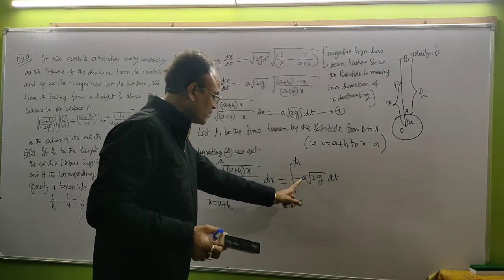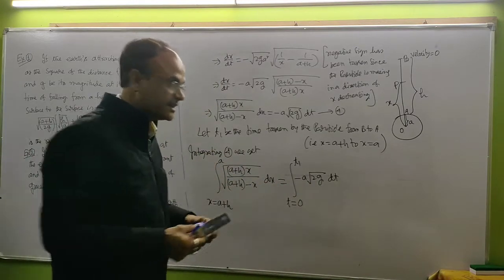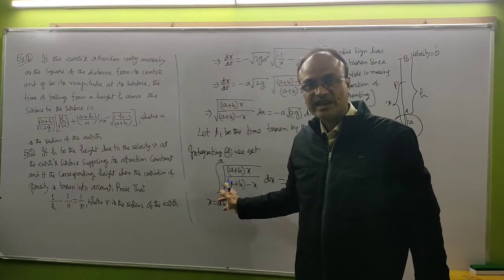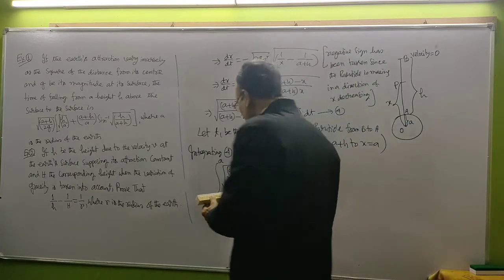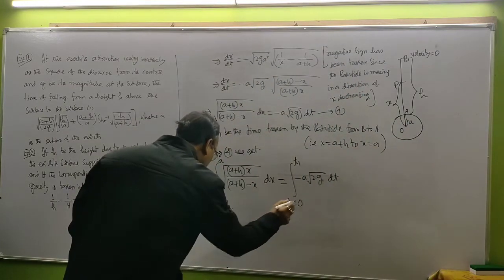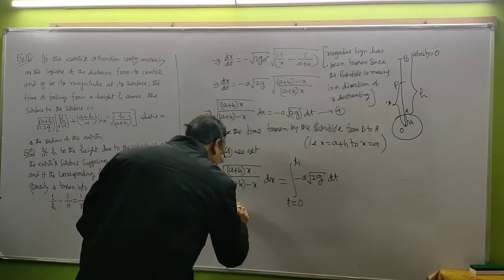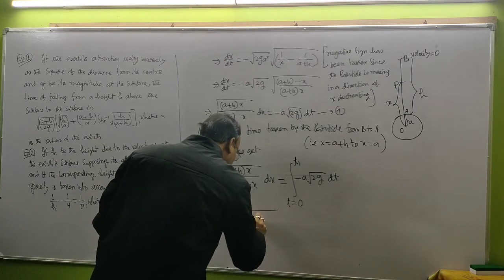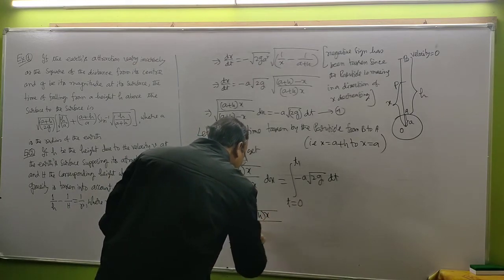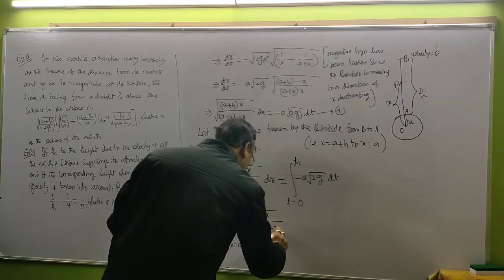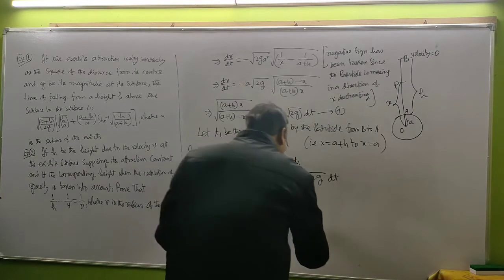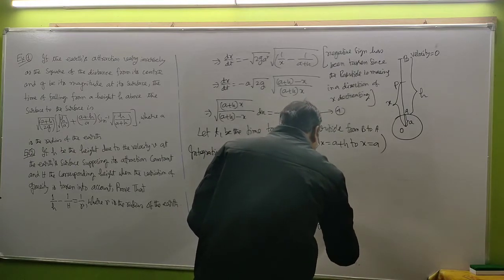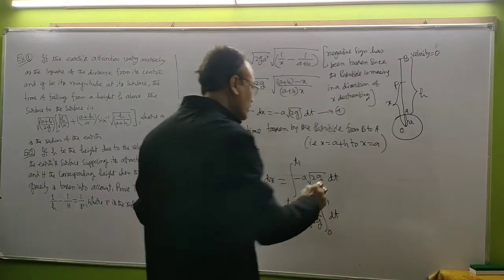If you remove the negative sign, then you may interchange the limits of this integration. This means you may write the integration from a to a plus h of root over a plus h minus x divided by x dx equal to a root over twice g times the integration from 0 to t1 of dt.